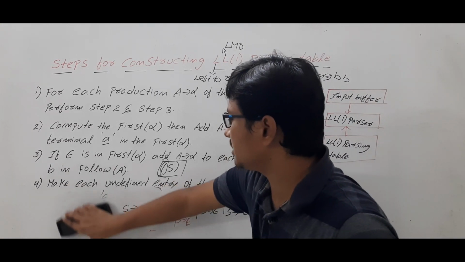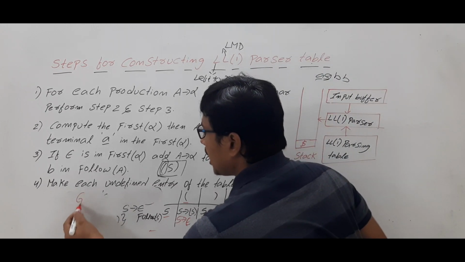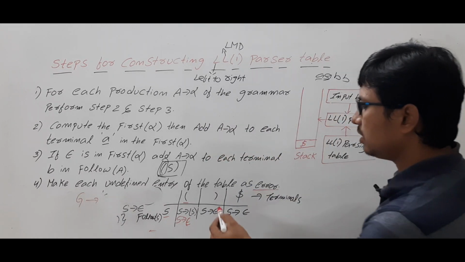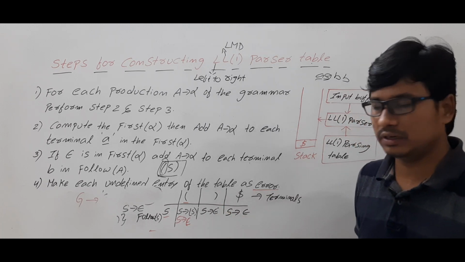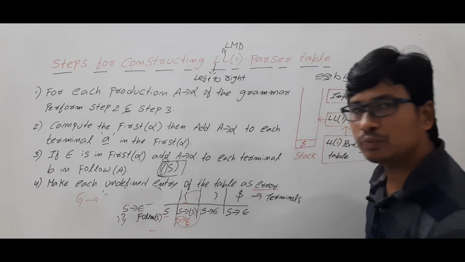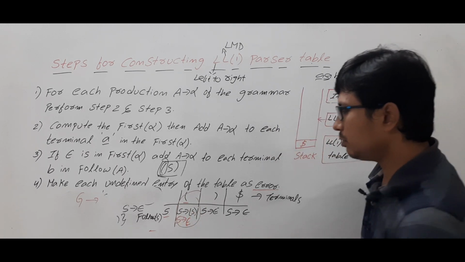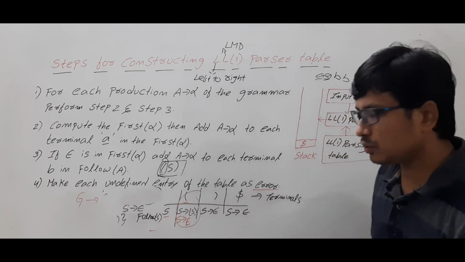Okay, now let me discuss again. You have taken some grammar and you started constructing the LL1 parsing table. At any entry, you got more than one production. Are you able to understand what is meant by entry? I think you have understood.